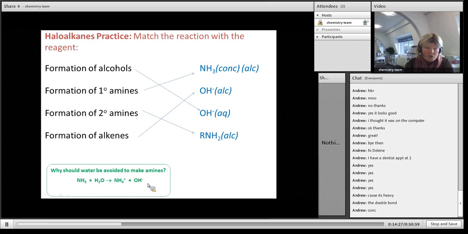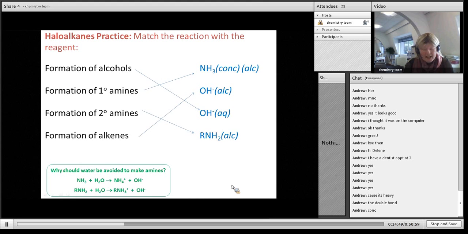So even though it's concentrated ammonia, if I have any OH minus around, that could also act as a nucleophile, and it just means I get a messier reaction. An alcohol is not as good a nucleophile as OH minus. Right, and that works with the primary amine as well.